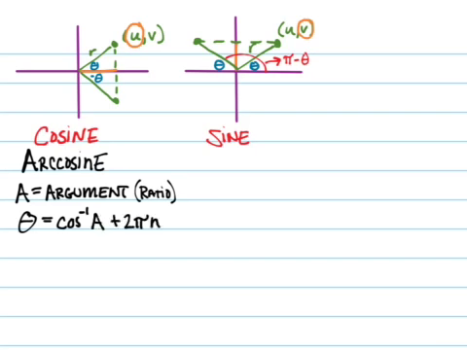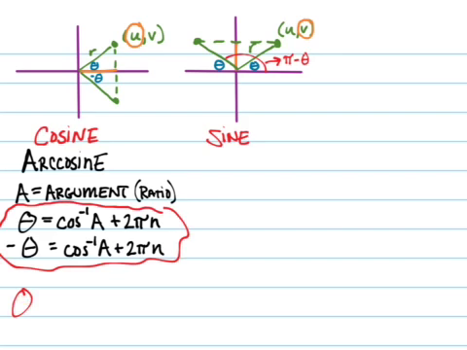Theta is cosine inverse of whatever ratio that is, plus 2 pi n. And then I also have the negative from my negative angle. And why we used this one before, it's nice because I can combine them into plus or minus cosine inverse plus 2 pi n. Because all that's different about them is one is positive, one is negative. So it's the easiest to remember.